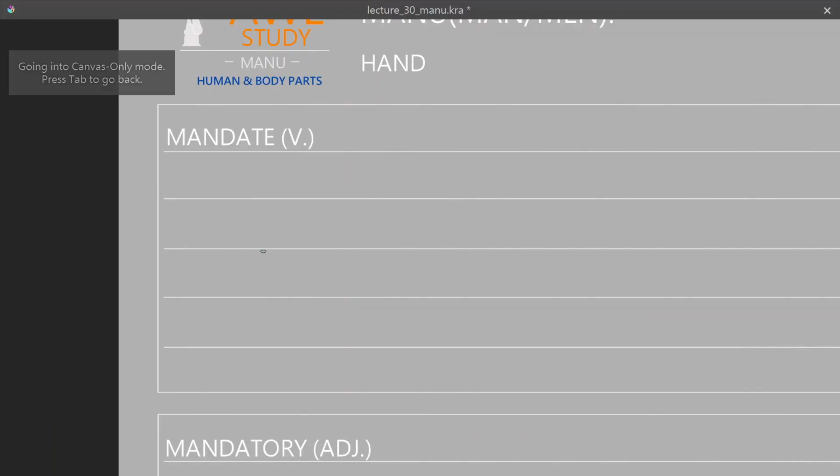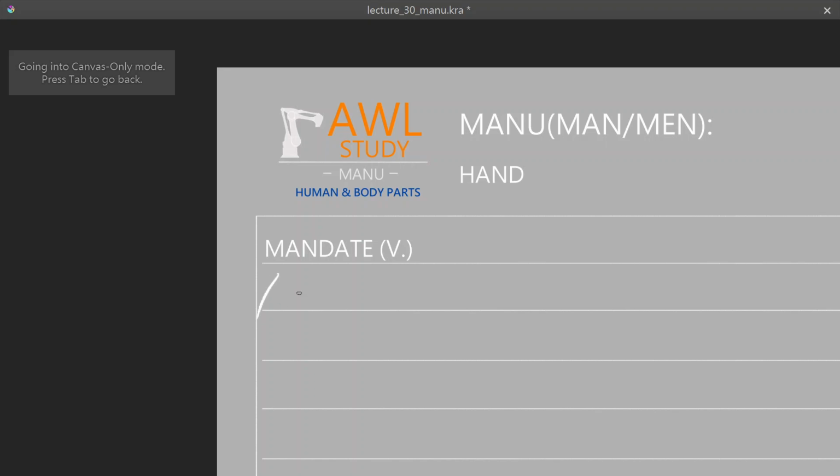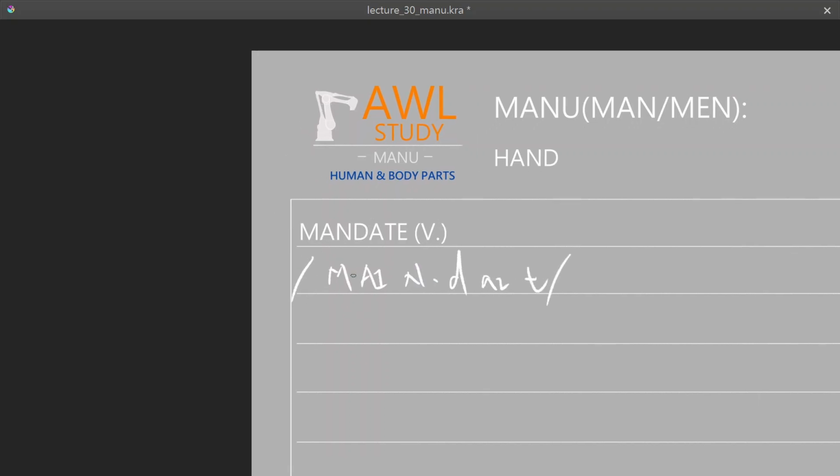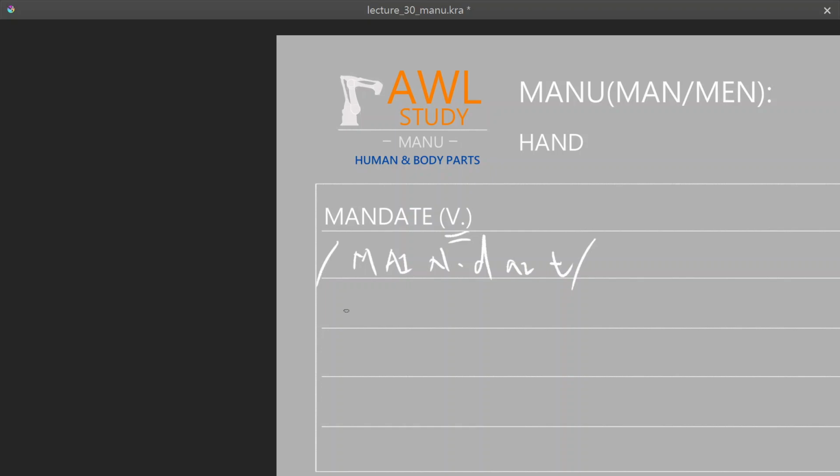Next, we have mandate as a verb. Again, we have the root man, meaning hand. And we have the root date, meaning to give.